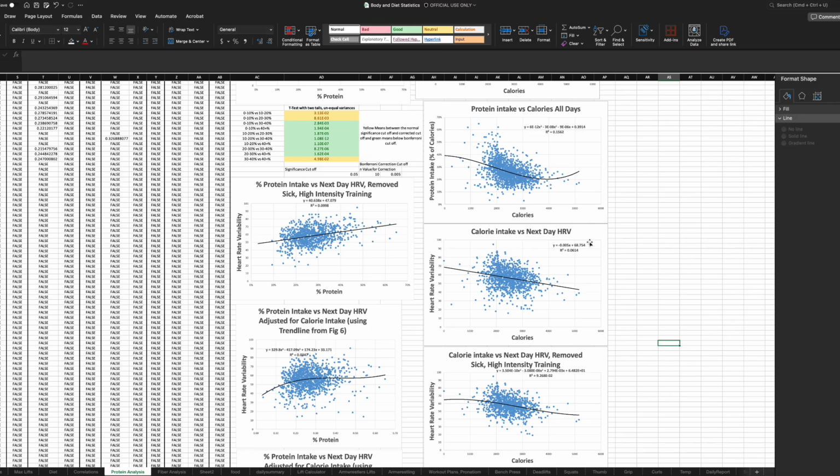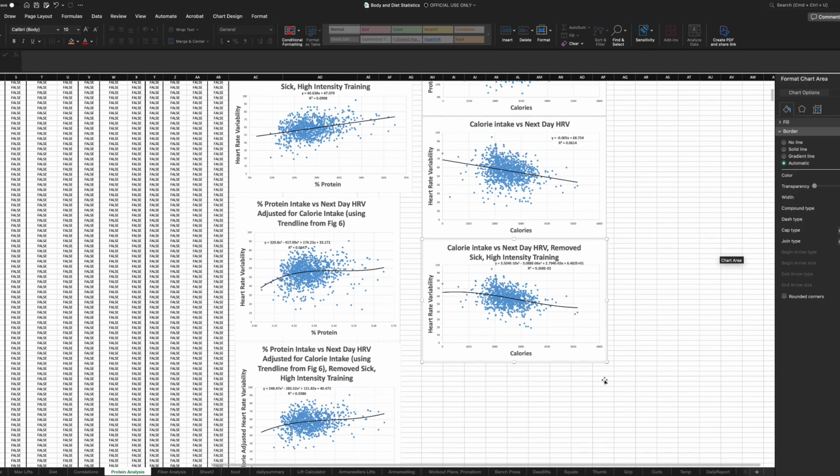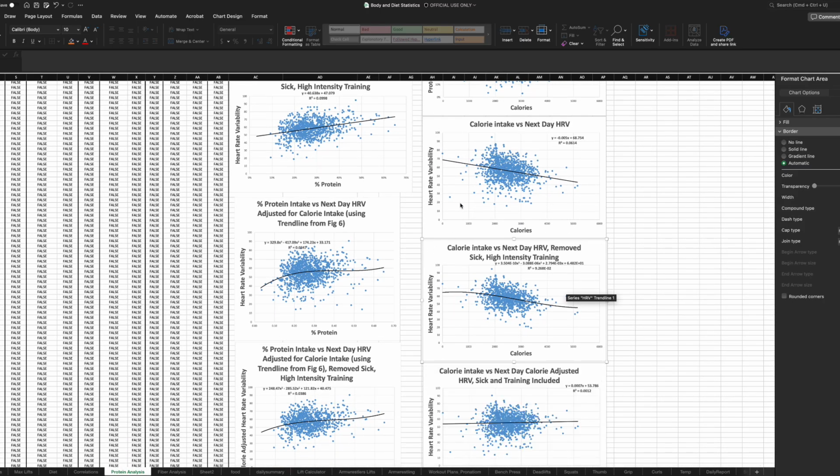So in order to fit the data a little bit better and adjust for the calories, I removed the sick and high intensity training days, and we get a higher R squared. It's 0.09. So, it's only explaining 9% of heart rate variability due to the calories on a correlation basis, right?